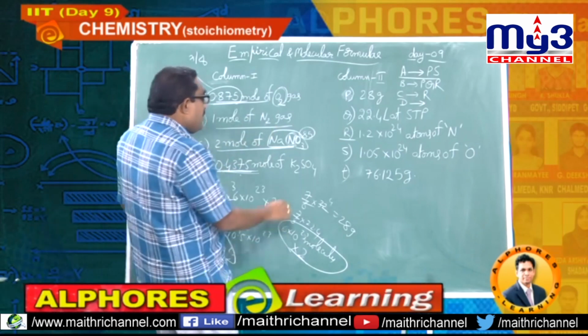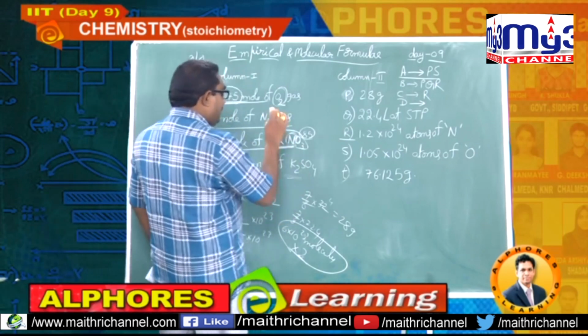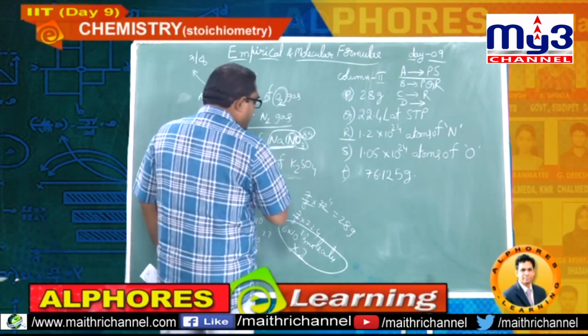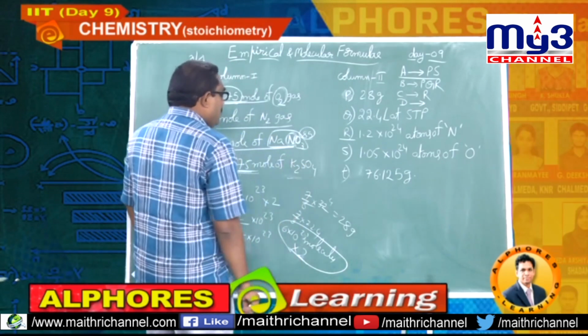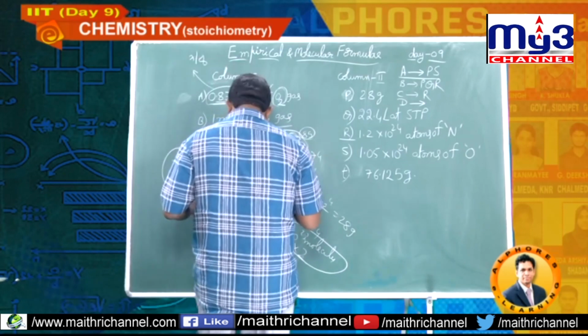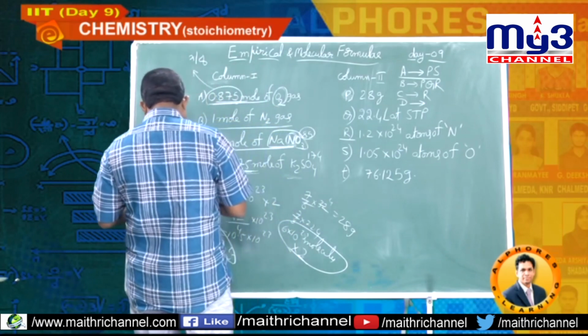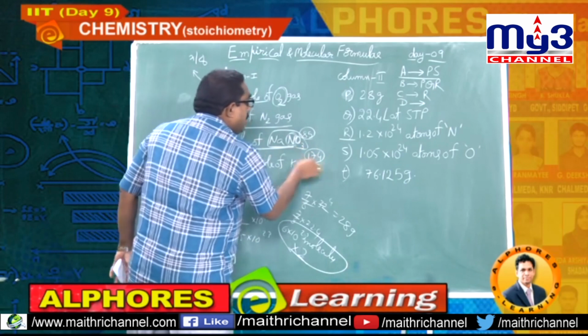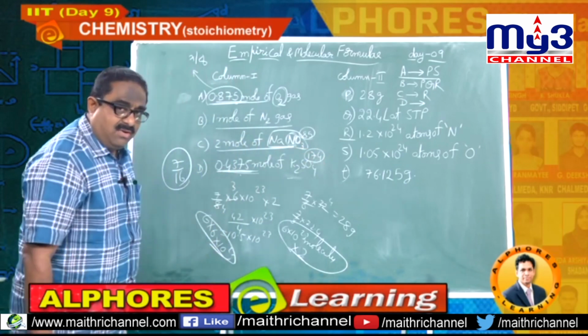Let me calculate first of all molar mass of this. Potassium 39, 78 plus 32 and 64, that is 174. Let me check, students. Yes, 174 is the molar mass of potassium sulfate.